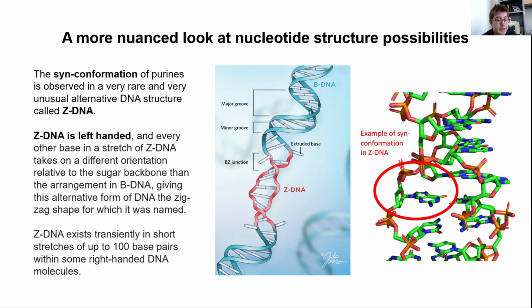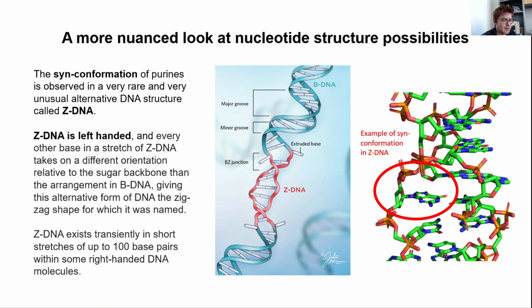To be honest, not very often. However, syn conformation of purines is observed in a very rare and unusual alternative DNA structure called Z-DNA. Z-DNA is sort of the black sheep of nucleic acid structures. Unlike A-form and B-form, which are right-handed, Z-DNA is a left-handed structure, and every other base in a stretch of Z-DNA takes on a different orientation relative to the sugar backbone than what you see in B-DNA.